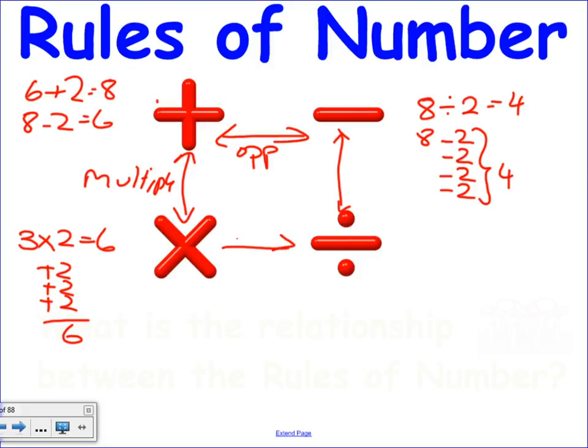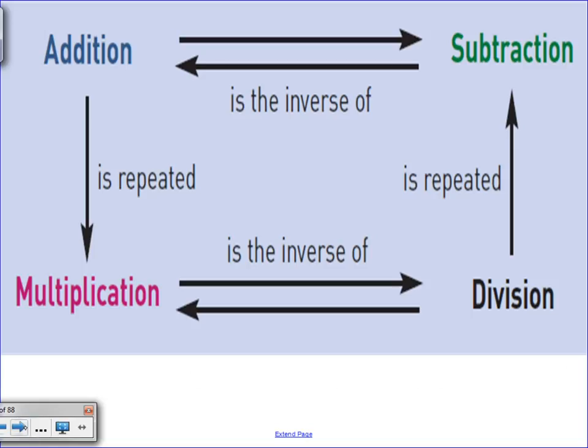And then these two are related. How are these two related? What's the relationship between multiplying something and dividing it? Opposites. So what you end up with is this relationship between our basic functions. Inverse is a posh word for opposite. So addition and subtraction are opposites. Multiplication is repeating addition.